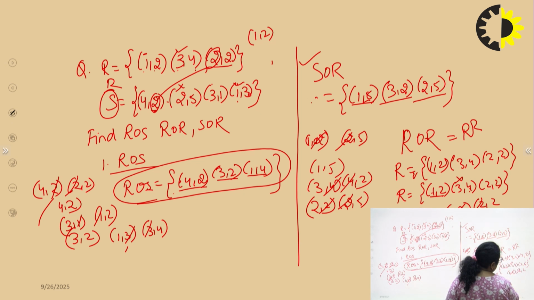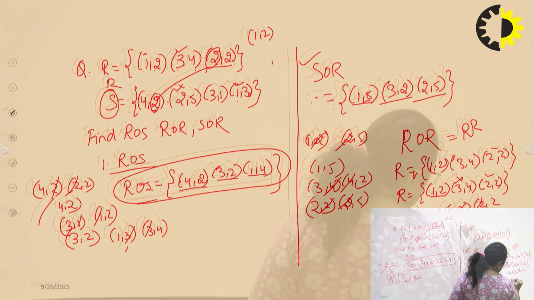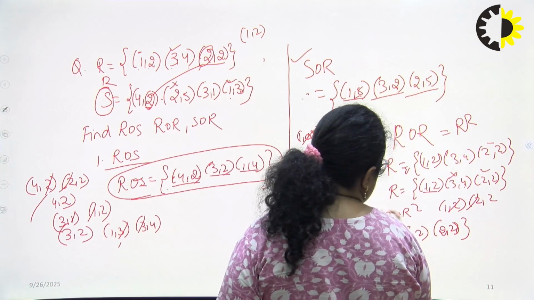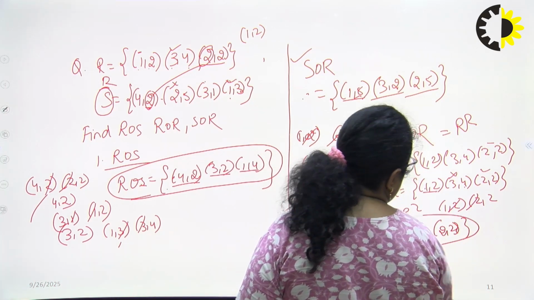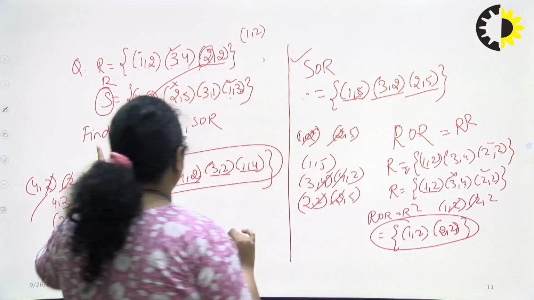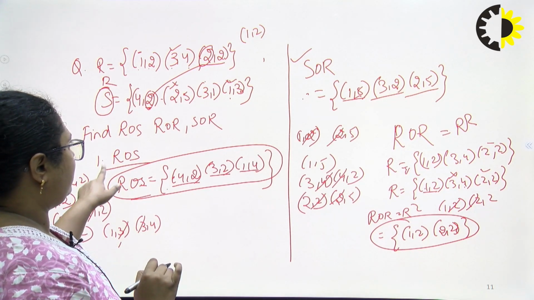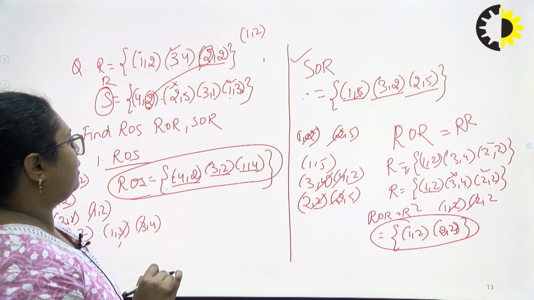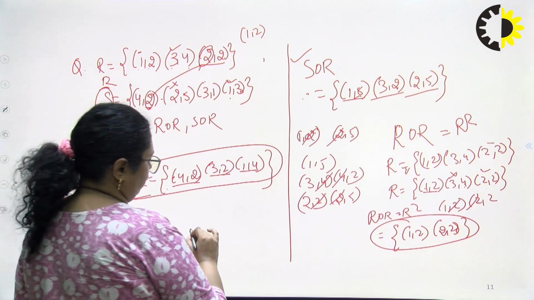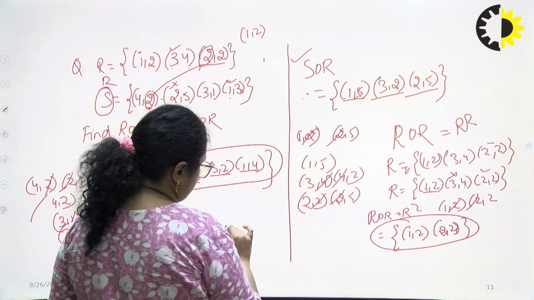No. Now we take (2, 2), any relation starting with 2? Yes. So this is our RoR. Now you are clear with how we calculated compound relations like RoS, RoR and SoR. So that's all for today. Thank you.